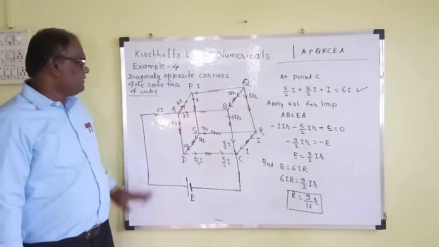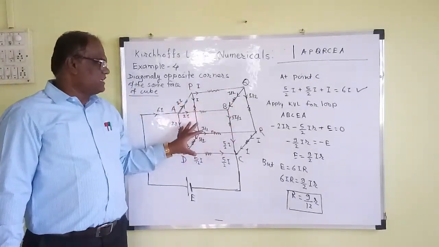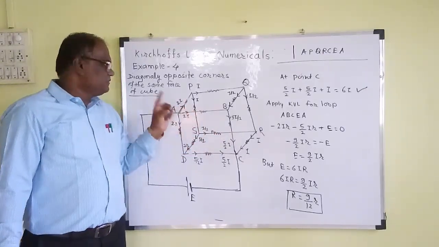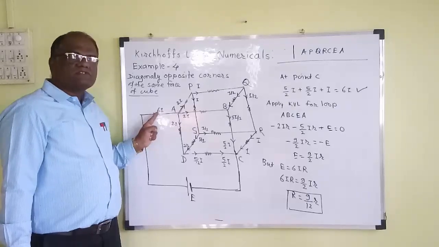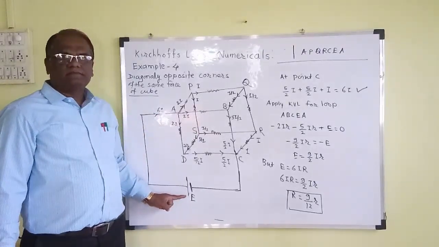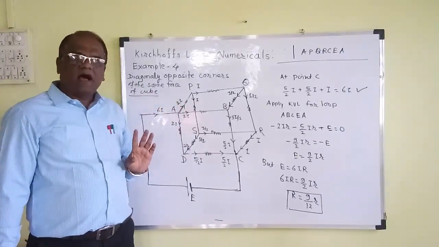Now see here, again, while solving such an example, the distribution of current is important. Now I am taking 6I as the total current supplied by the battery. In the last example, total current is I.